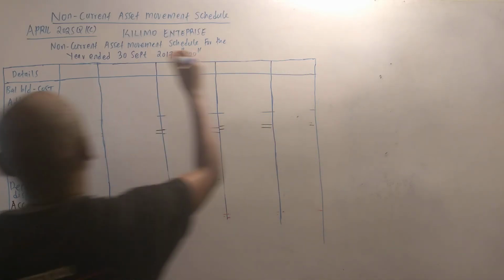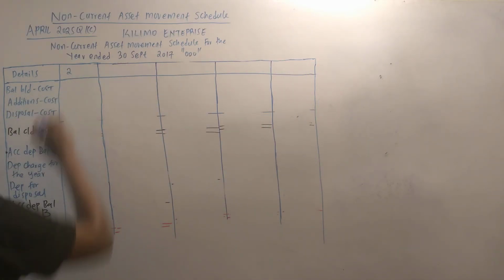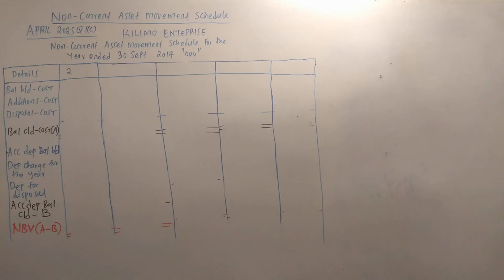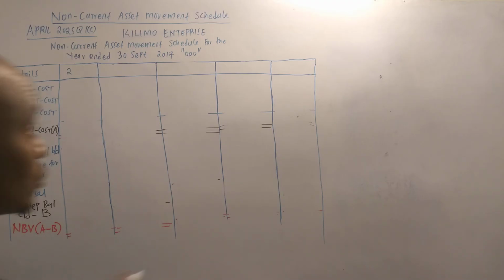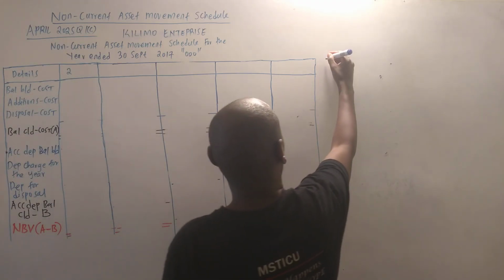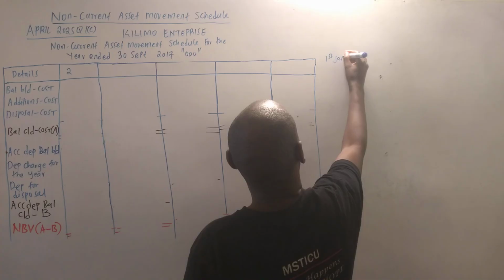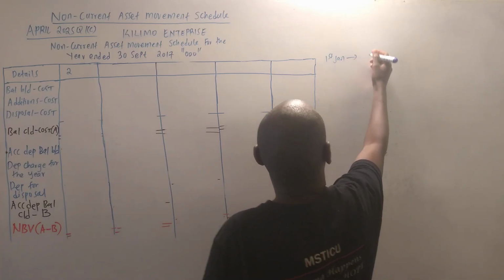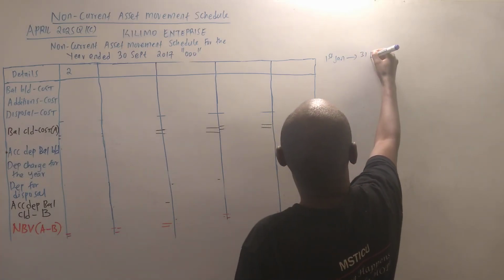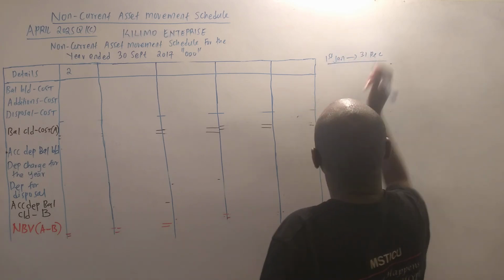Now the details here will be in form of years. According to the question, Kilimo Enterprise commences its operation on 1st January. So they started their business on 1st January, meaning it was not there in 2020. So it will end on 1st December.